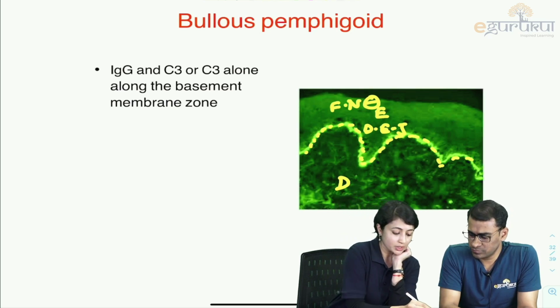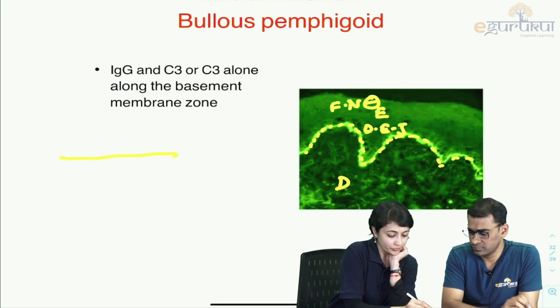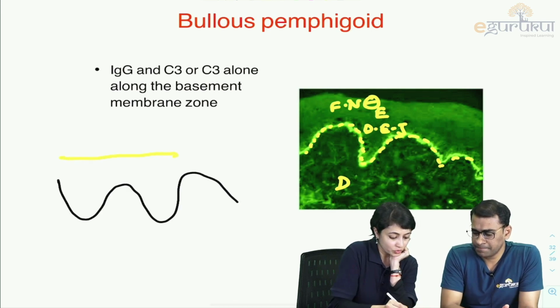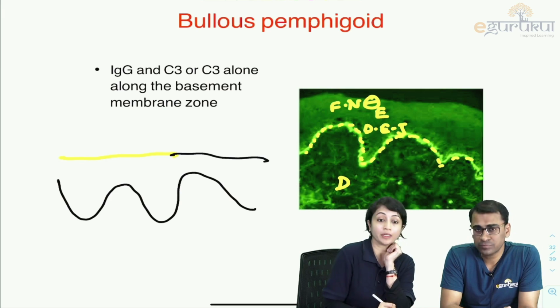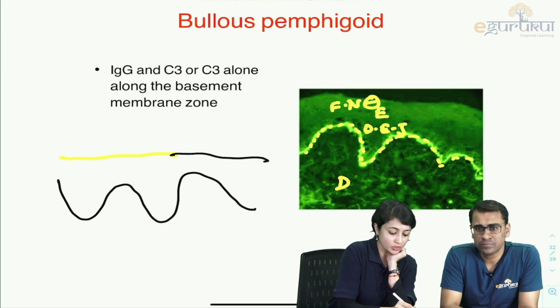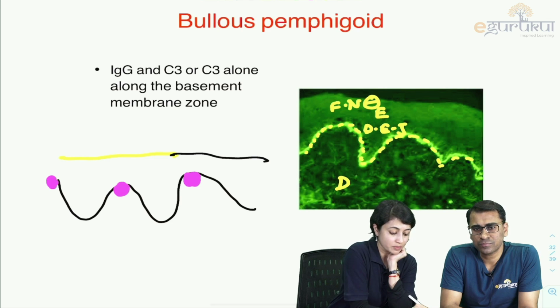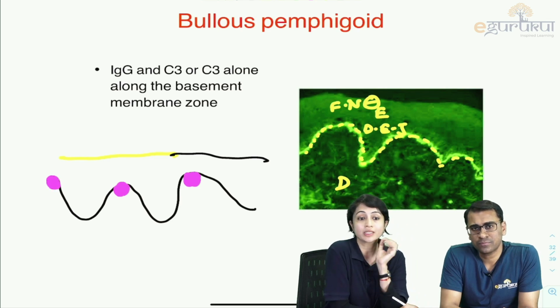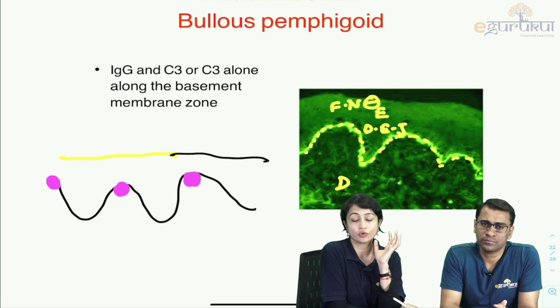So what you see is, if this is my epidermis, this here below is my dermis, and this is my dermal papilla. These invaginations of dermis into the epidermis are the dermal papillae. In DH, I see fluorescence which is typically located here, called papillary tip immunofluorescence.